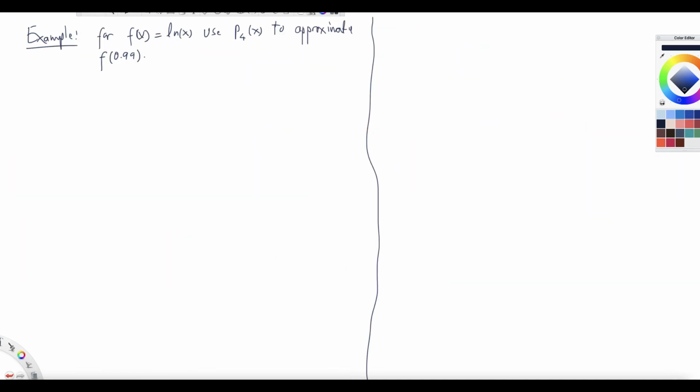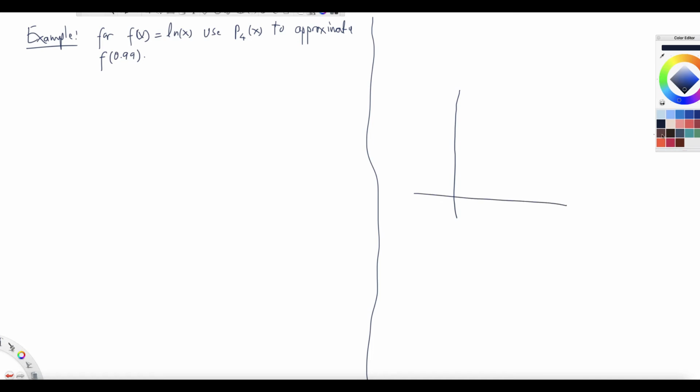Okay guys, let us see one more example of how we use the Taylor's polynomial, or how we use the Maclaurin's polynomial, to find the value of a function at a point. As I mentioned earlier, what I showed you is a graph I had created.